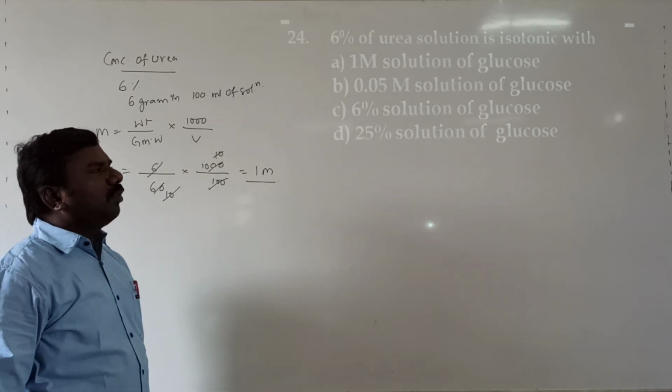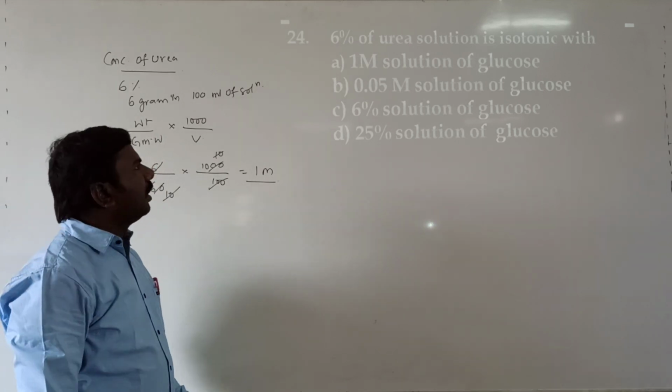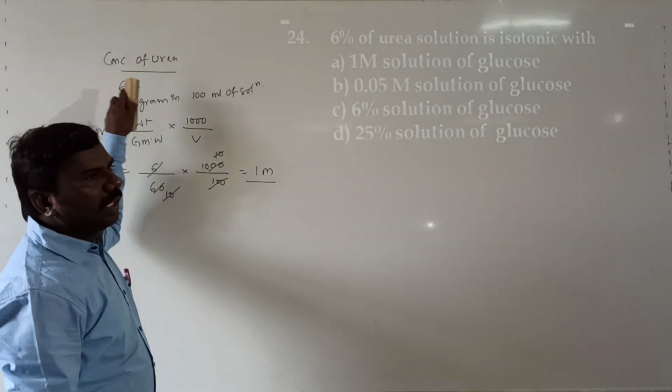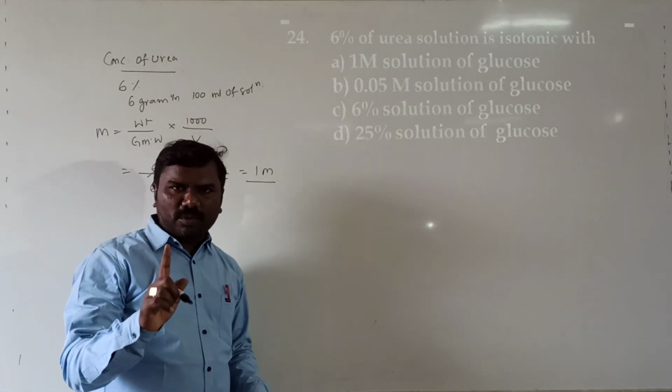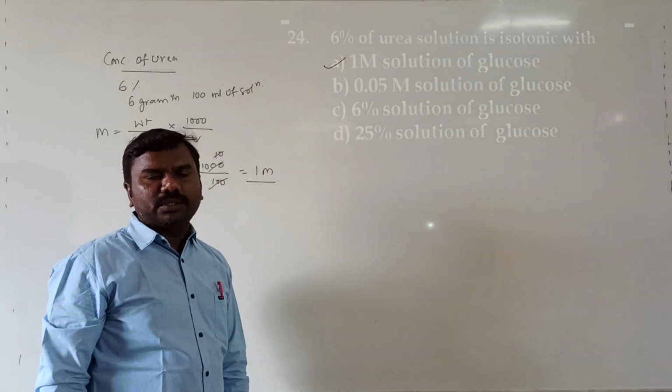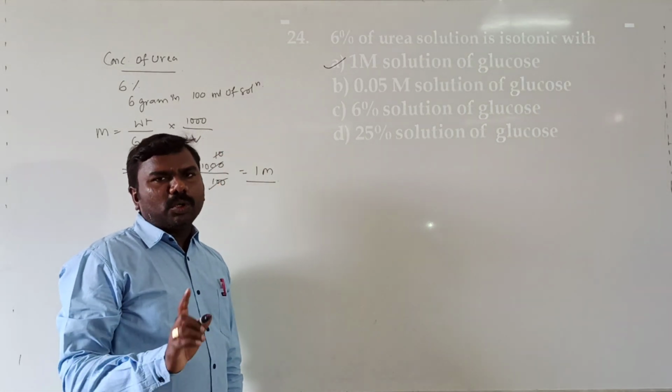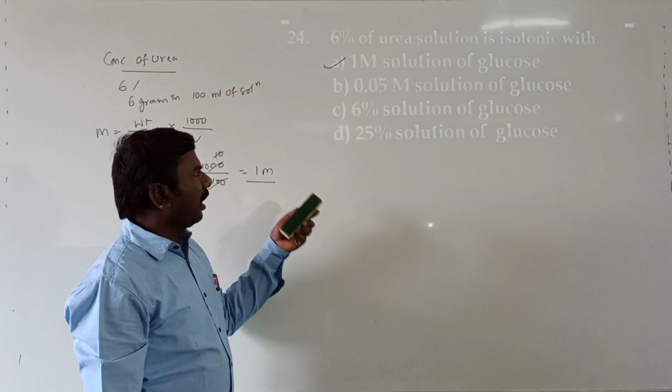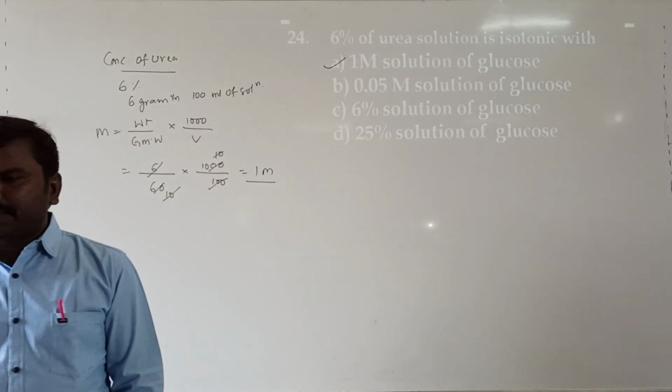So 6% of urea solution means 1 molar. That is isotonic with a 1 molar glucose solution, because both are non-volatile solutes, you can consider.